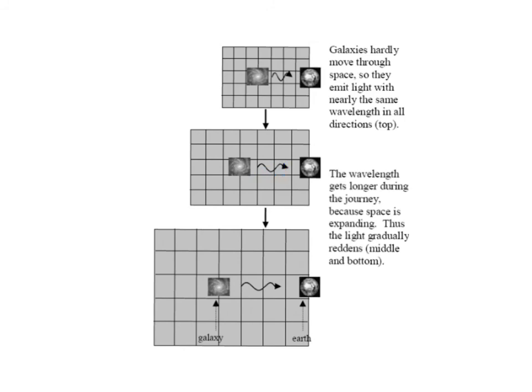And the longer it takes for the light from the galaxy to reach the Earth, because the galaxy is further away, in a part of space that is traveling faster because of the expansion, we find that the wavelength stretches even more.